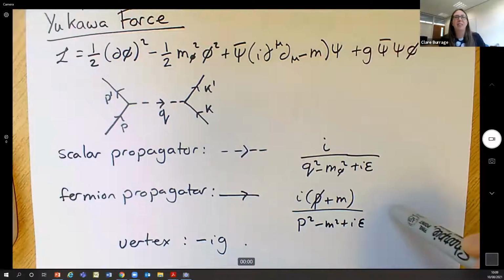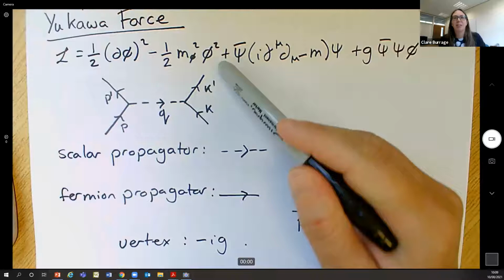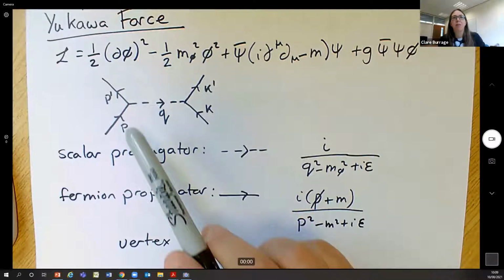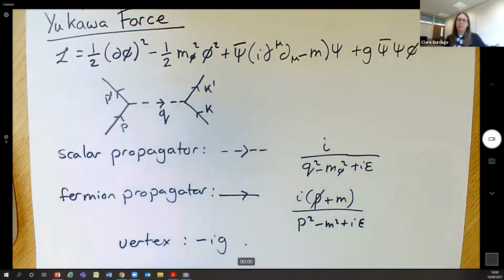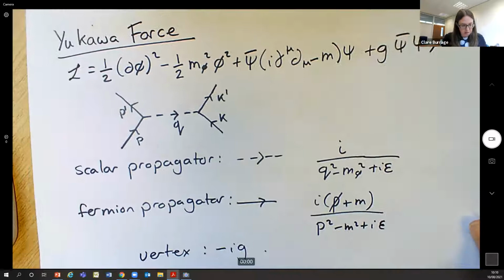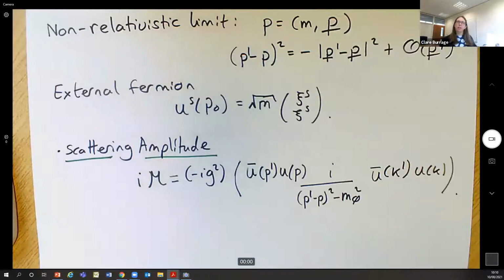Actually, we're not going to use this because all our fermions are on external legs. And then there's some contribution from the vertex, and we have two of those. Okay. So if we want to write down the scattering amplitude, I need to tell you a couple more things.